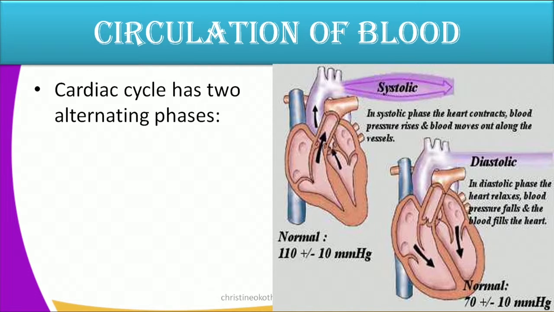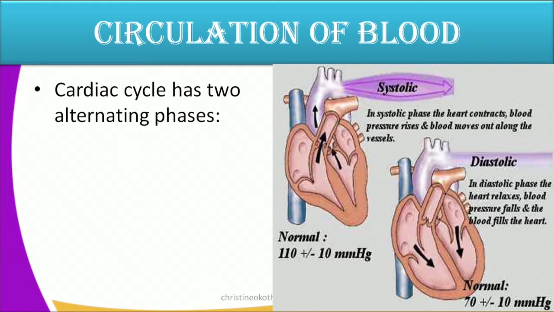Then still on the circulation of the heart, we have what we call a cardiac cycle. So we have two phases of the cardiac cycle. We have the systolic and the diastolic. So in the systolic phase, when the heart is contracting, the blood pressure is rising. Therefore, the blood moves out along those vessels.